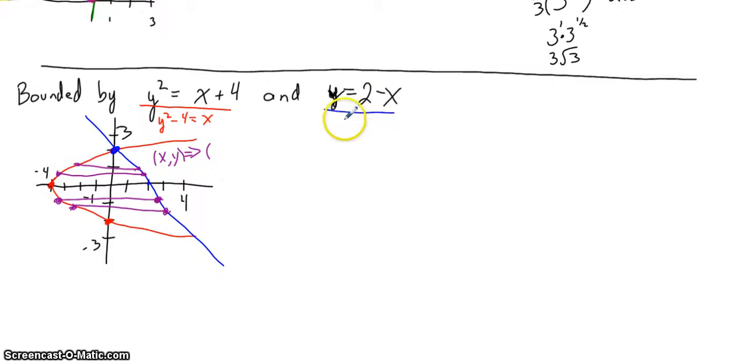The line: add x, subtract 2, subtract y. So for the line, if we know what y is, x is 2 minus y. The parabola would be y squared minus 4, comma y, because again, we'd plug in the y and find x.